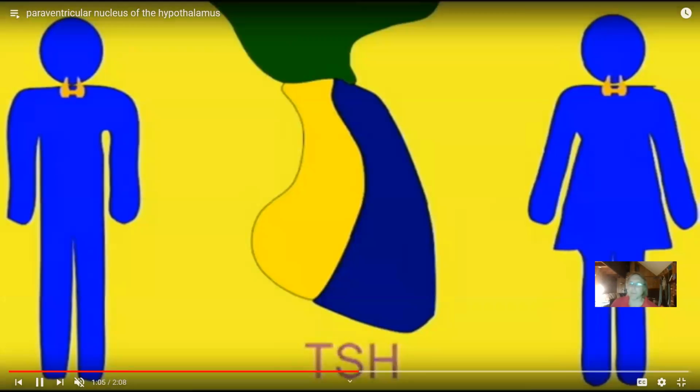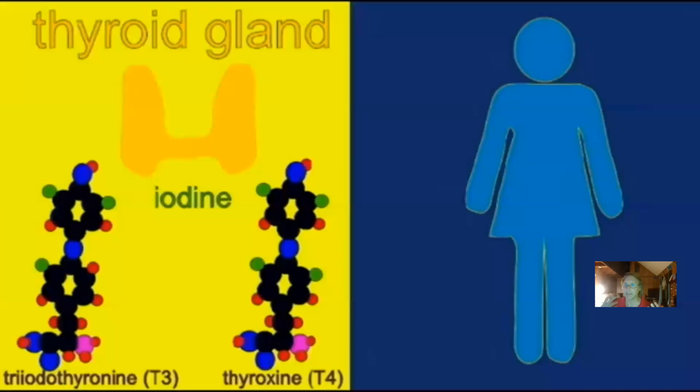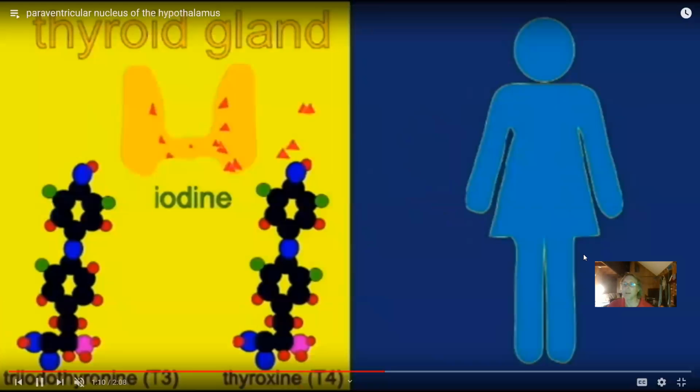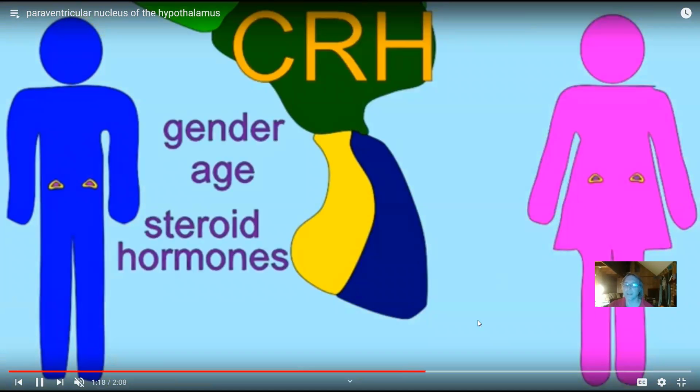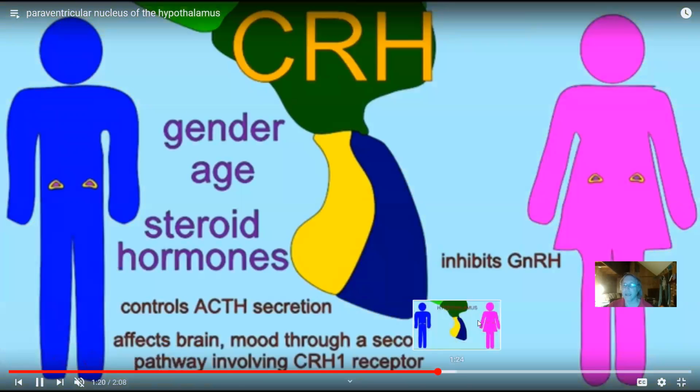Now, the hypothalamic control over the pituitary gland is really important and can be studied in greater depth later, but the hypothalamus tells the pituitary when to tell the thyroid to be active, or the adrenal cortex. And the adrenal cortex then sends out the hormones of stress.